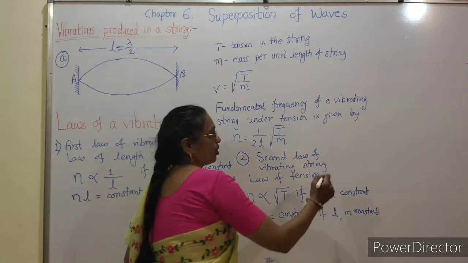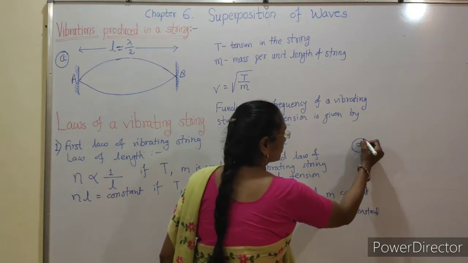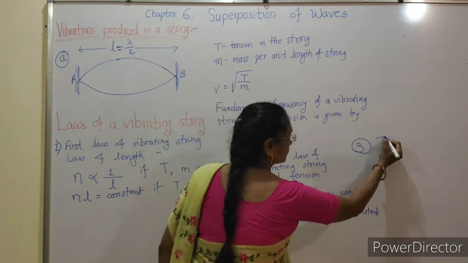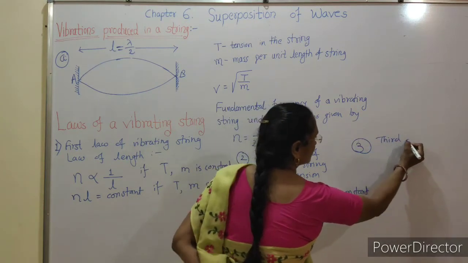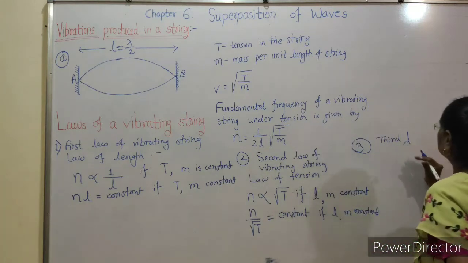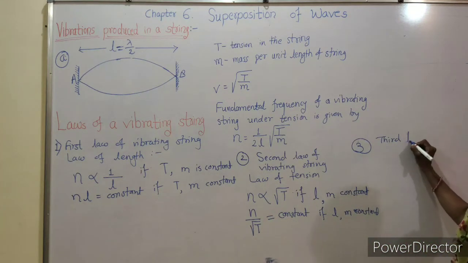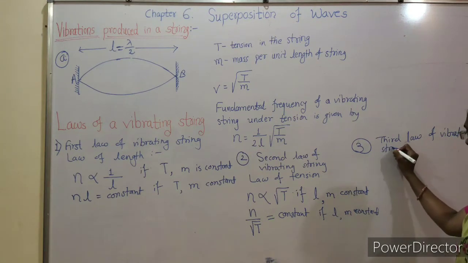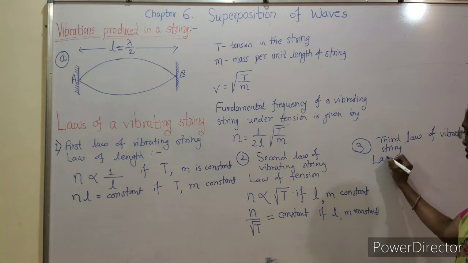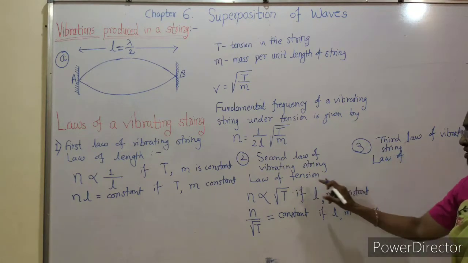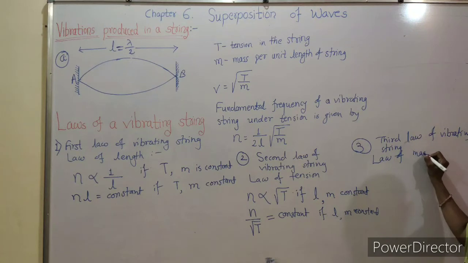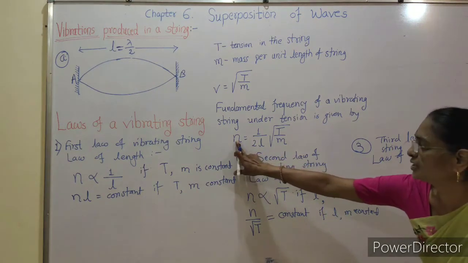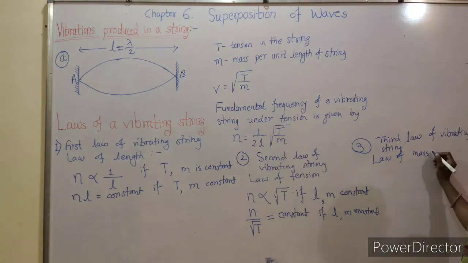Now the third law of vibrating string. This is very simple to write. It is also called the law of mass per unit length, because we have to show the variation of N with M, mass per unit length.